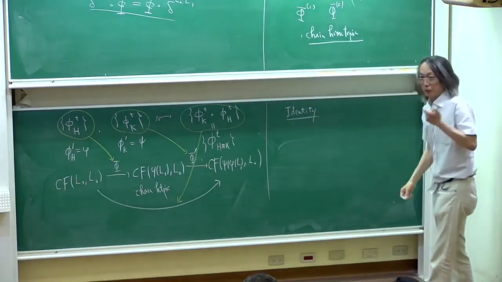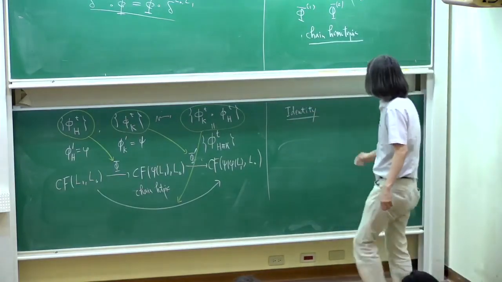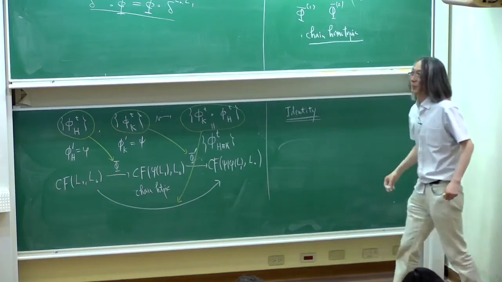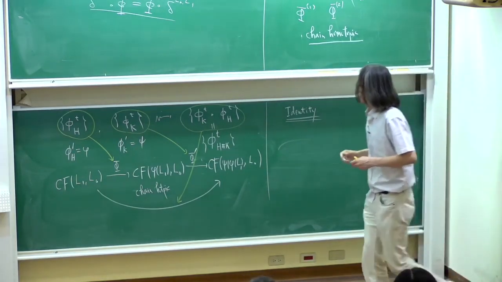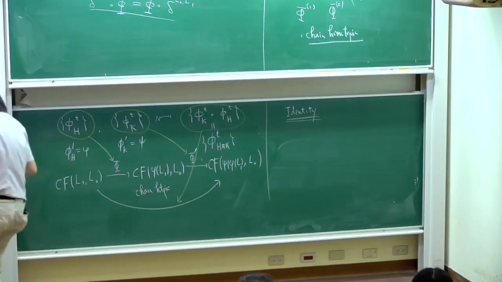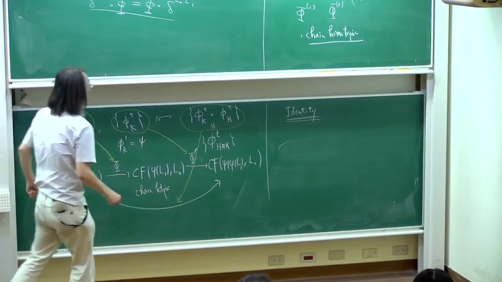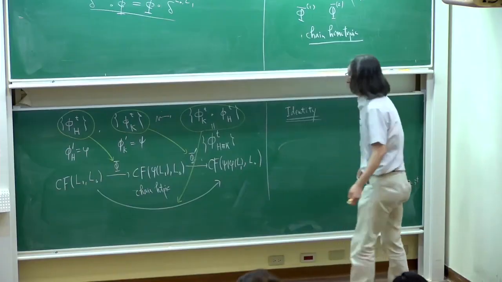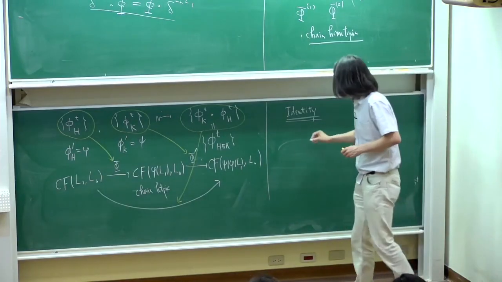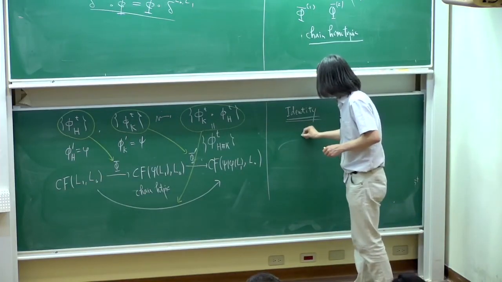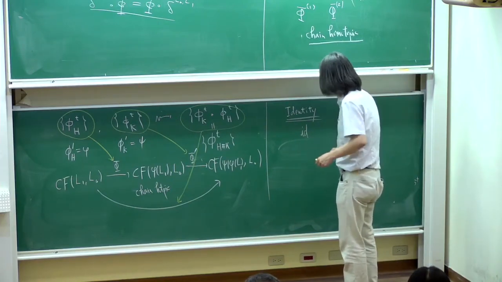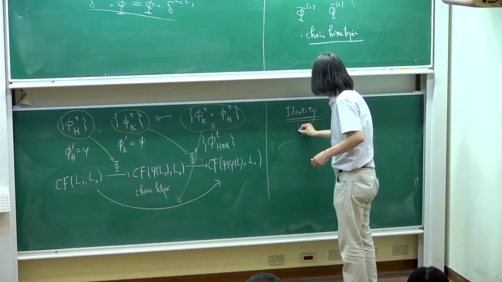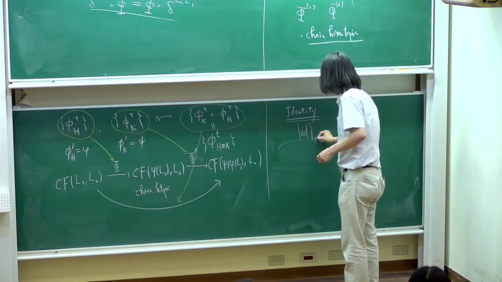So this is mostly trivial in a sense, but if you look at it a bit carefully, you may not be so comfortable. I just want to say this: you consider the trivial isotopy, always the identity, from t equal to 0 to 1.